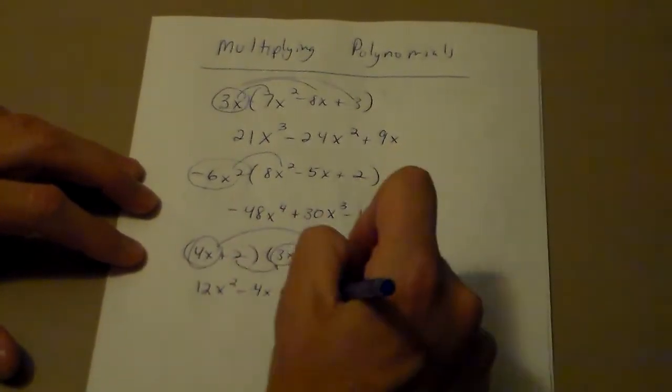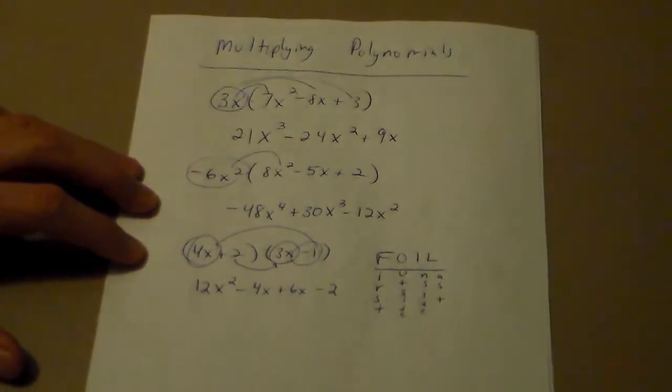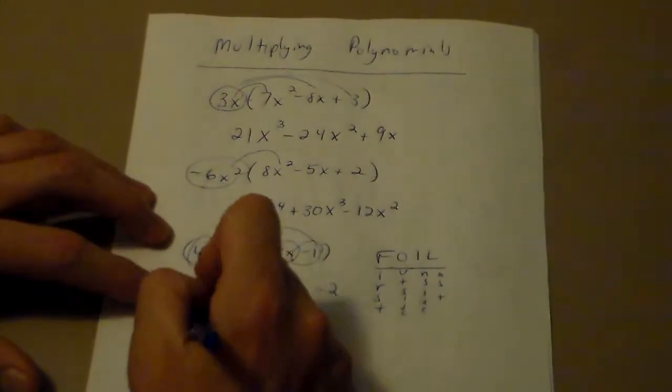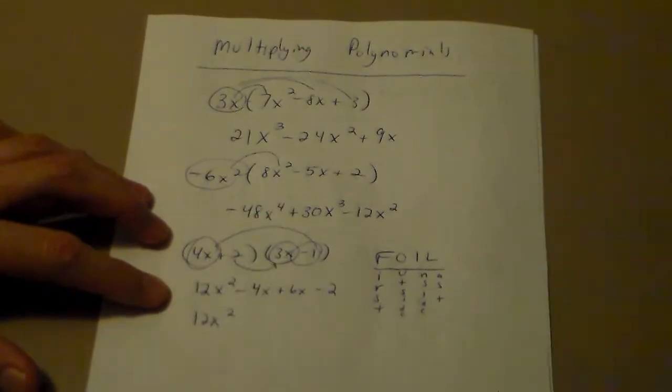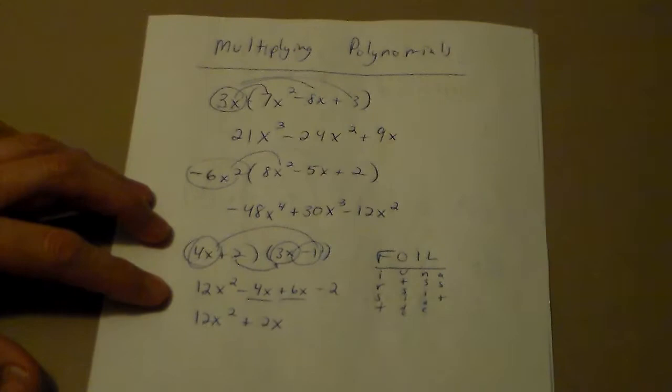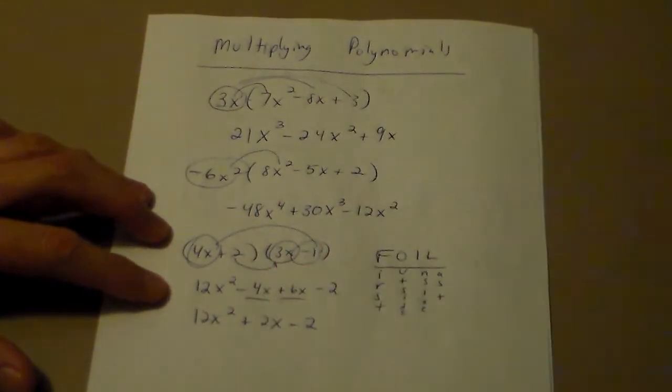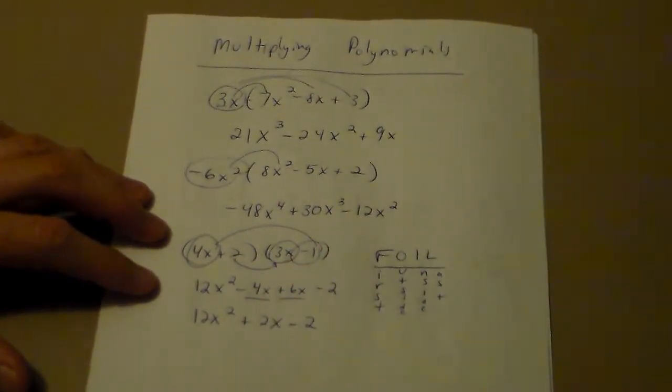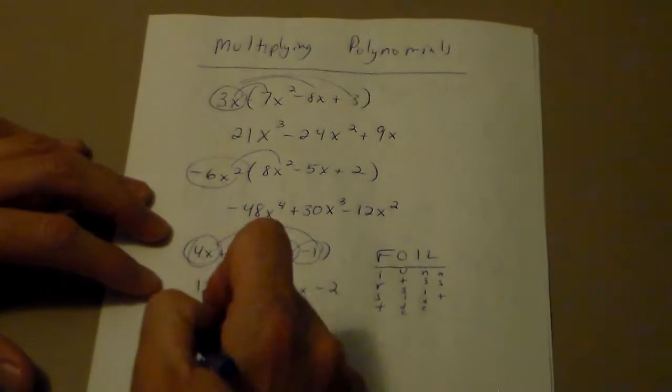And then 2 times the negative 1 is a negative 2. And now we add up our like terms. So my 12x squared stays. Negative 4x plus 6x is going to be plus 2x. And then it's minus 2. Okay, that's the FOIL method. Probably the most common. If you ask me which one was the most common to doing these, I would think it's that.